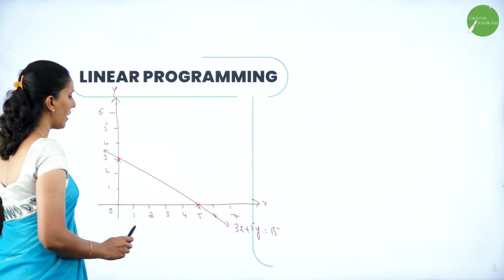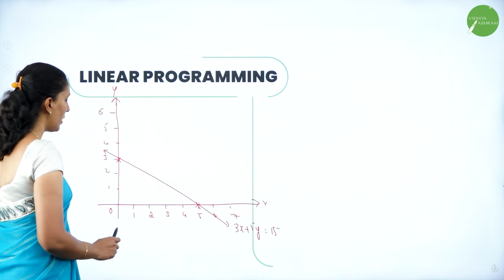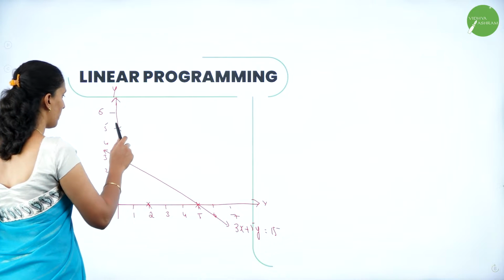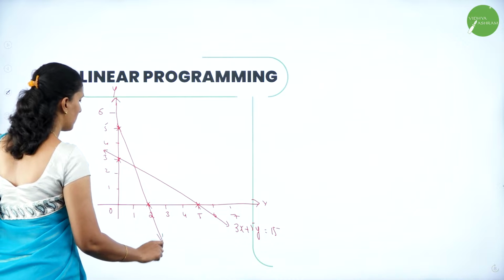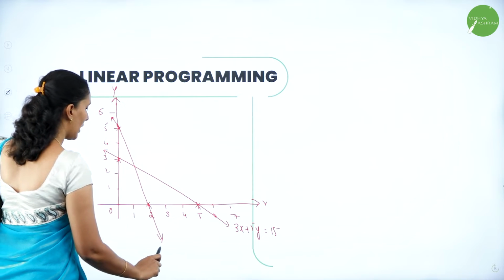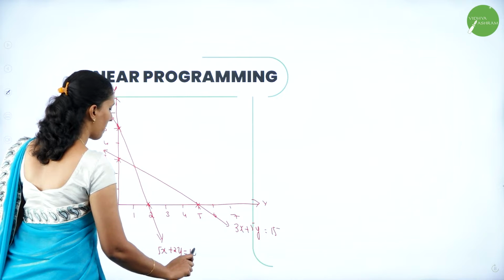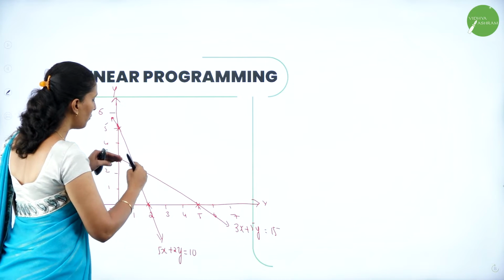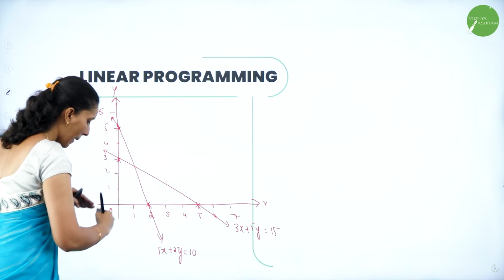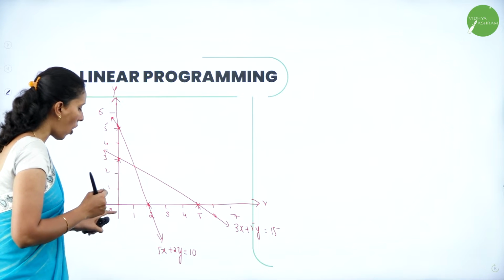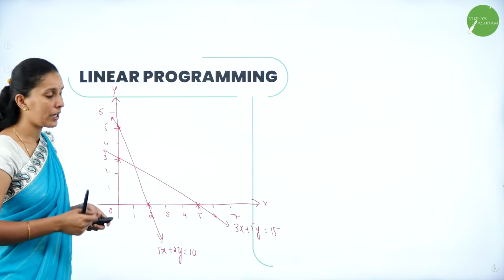Now, for the second one, my coordinates are (0, 5) and (2, 0). Write the equation of the line 5x plus 2y is equal to 10. That means my solution for both the lines lies below the lines. So the region containing the origin will satisfy the given condition.